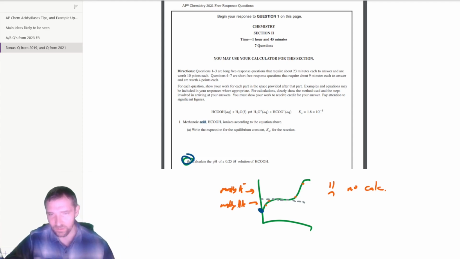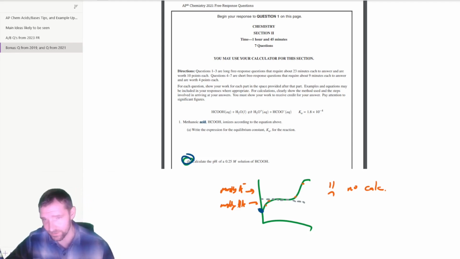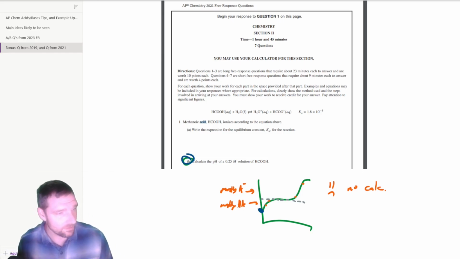So you might have to say which one is more present, which in this case should be mostly HA, because it's just dissociating a bit and there isn't any base that's been added to pull it forward. It's just got a bit of its conjugate being pulled forward naturally by its Ka. But yeah, that should be it.